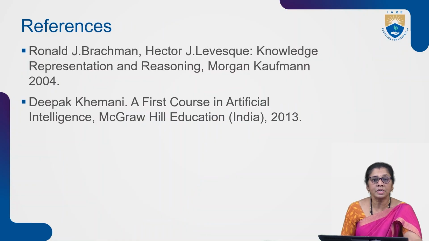The references for this presentation are Ronald J. Brachman and Hector Levesque, Knowledge Representation and Reasoning, Morgan Kaufmann, 2004 edition, and a book by Deepak Khemani, A First Course in Artificial Intelligence, McGraw-Hill Education, 2013.